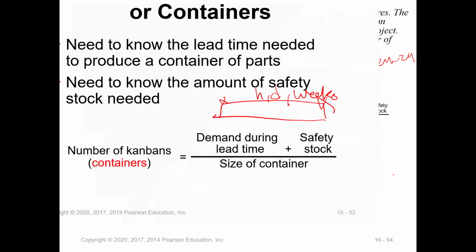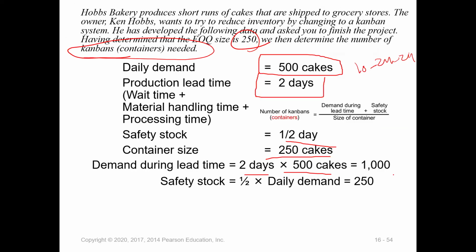Okay, let's see. A bakery produces short runs of cake that are shipped to grocery stores. The owner wants to try to reduce inventory by changing to a Kanban system. You know now what a Kanban system is. You just get or make what you need when you need it. Don't make too much.